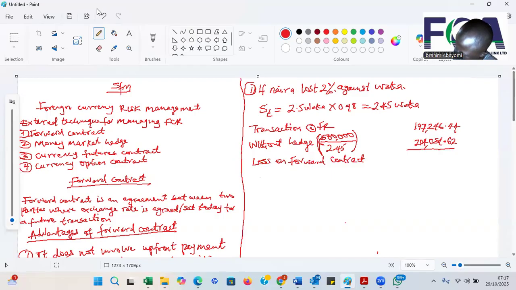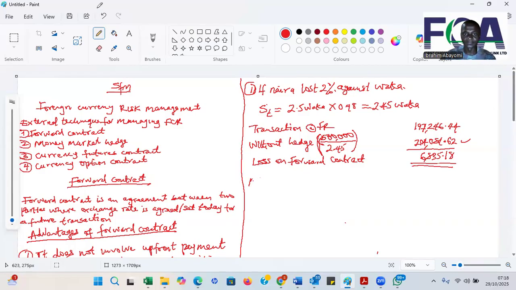That's 6,835.18. It is a loss. Why? Because we would have converted at a higher value. We would have received more Naira than we have under the forward contract.